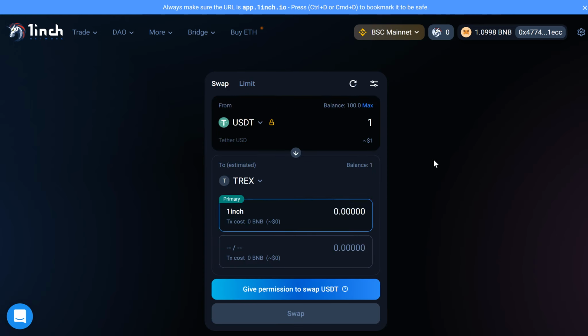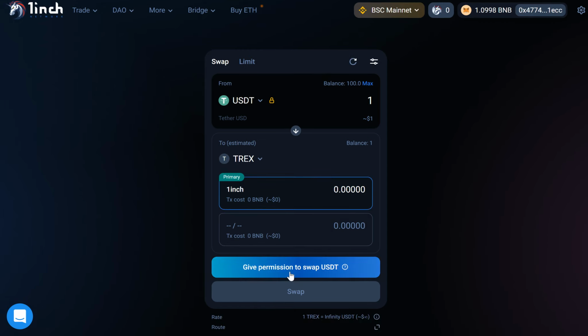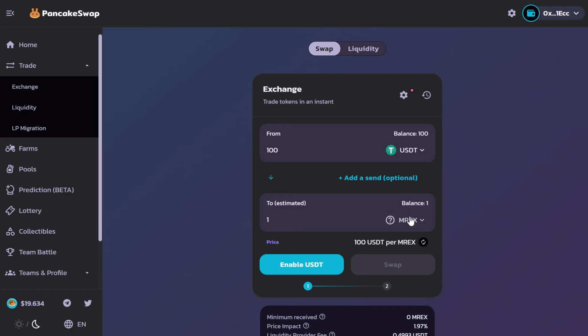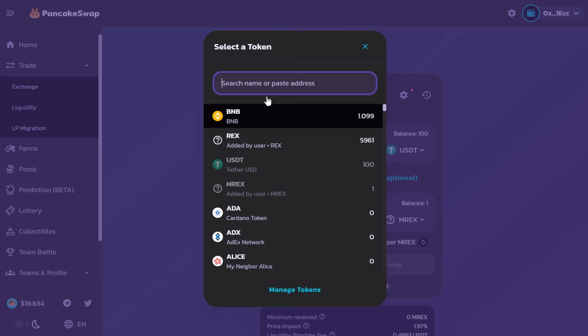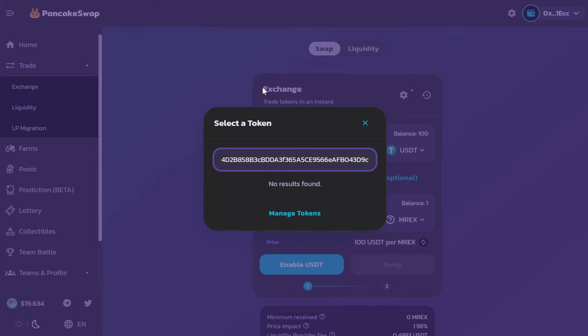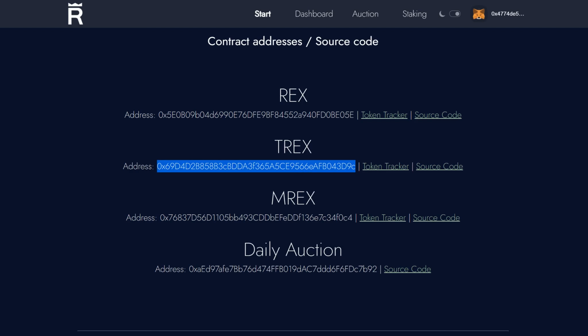Like I said in my part 2 video, I like to use 1inch. So you can see I can go and purchase. Of course, I need to give permission, and then I get it. I'm surprised that Pancake's not showing it, even though I have the address there. Wow, interesting. Anyhow, maybe I copied the address wrong. Let me check that again. Looks great to me.